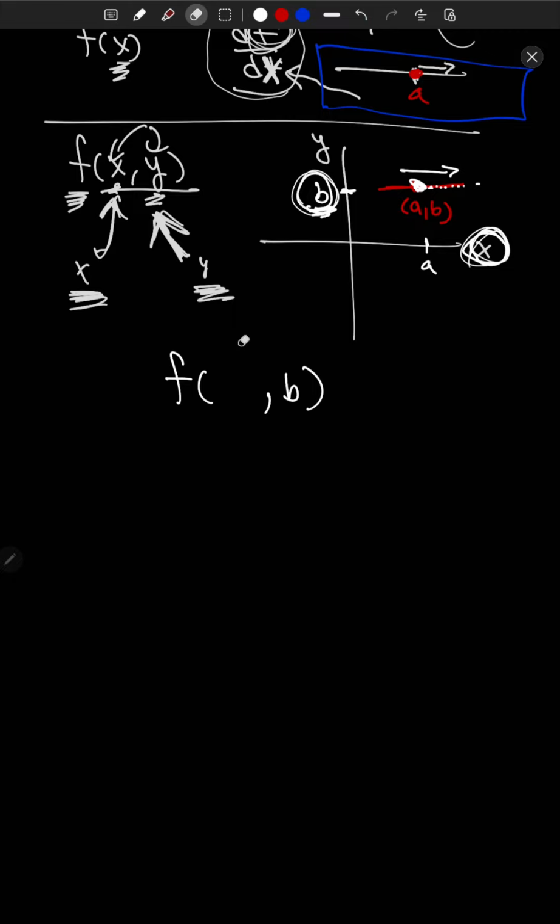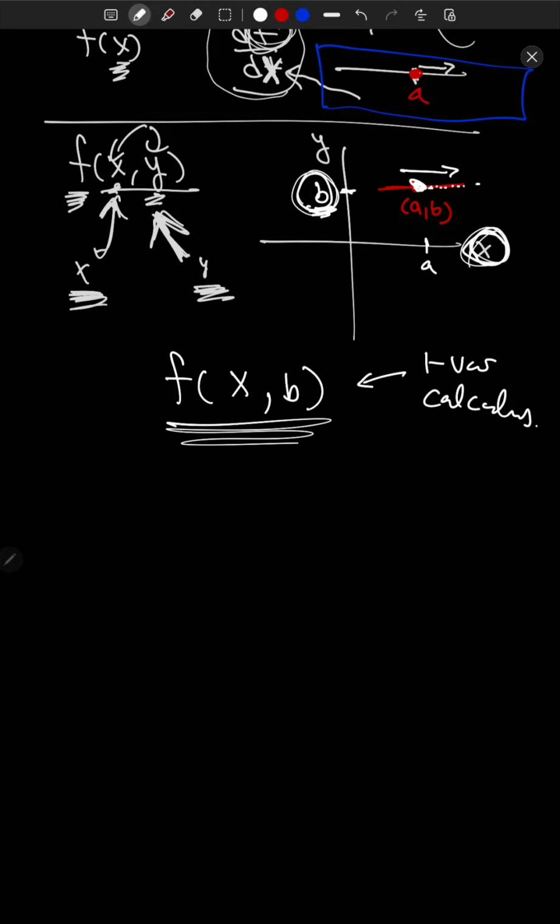Let's be a little bit more precise. And that something, of course, is x. Okay, so this is one variable calculus now, because our function now depends only on one variable, right? And one variable calculus, we're all comfortable with that. We know how to take derivatives with one variable calculus. So we can just take the derivative of this, okay?